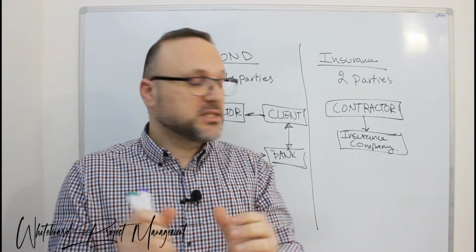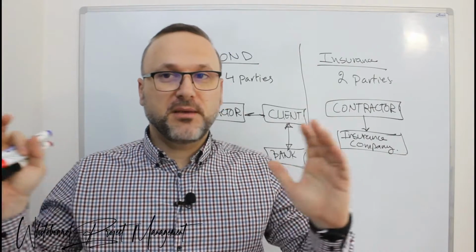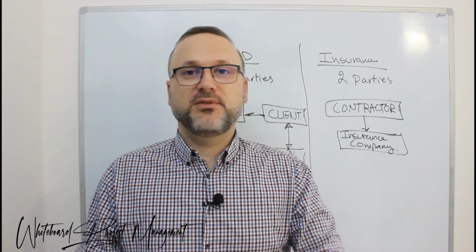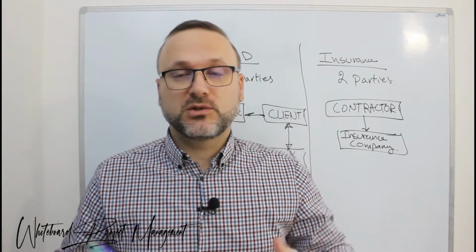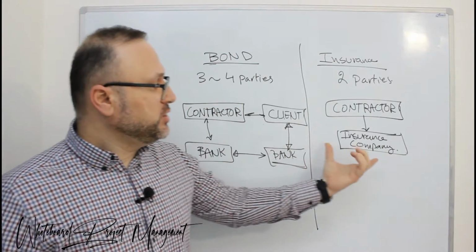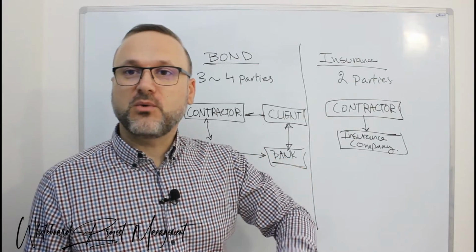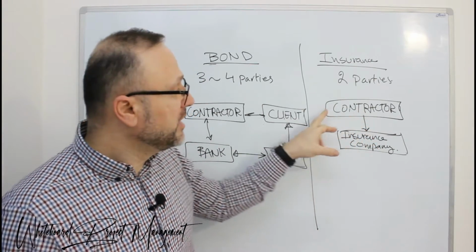So the insurance policy says, if there is a big wind, if there are problems, if there is a force majeure, flood or whatever, the insurance company will cover up to the limit specified in the insurance policy to the contractor.